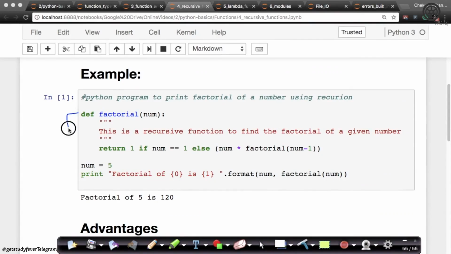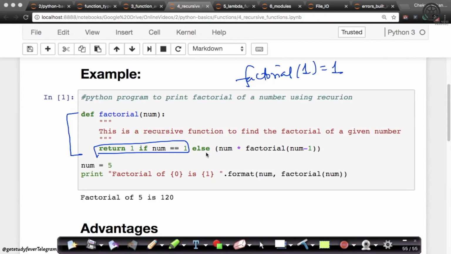Here is my function definition. It's very, very elegant. What I'm saying here is factorial of a number: return 1 if num equals 1. This means factorial of 1 equals 1, else return num multiplied by factorial of num minus 1.